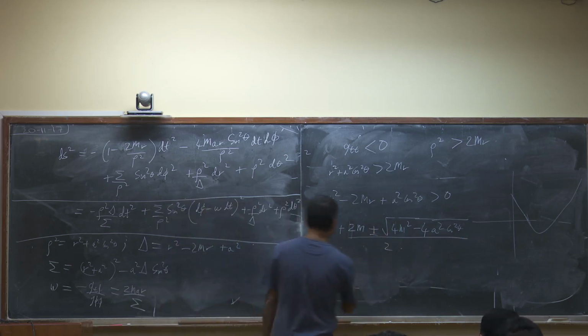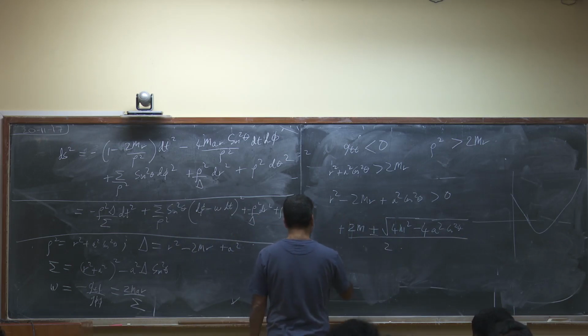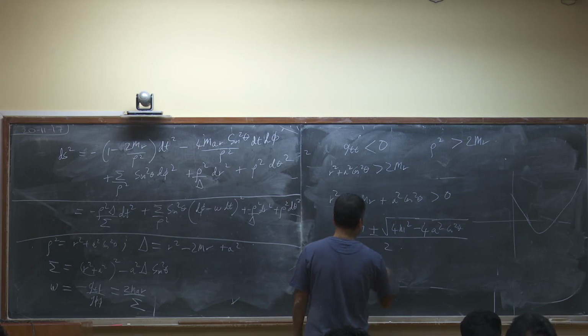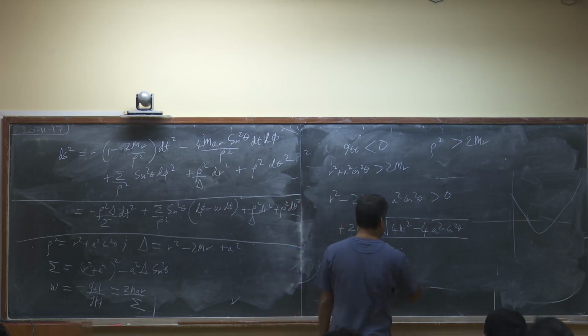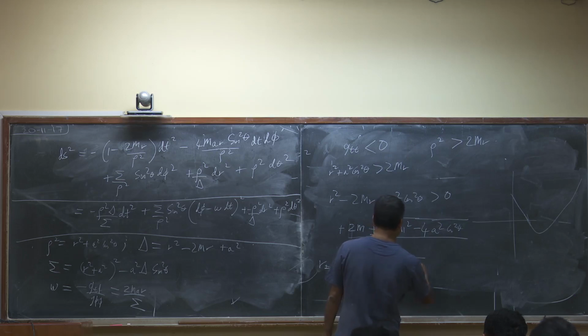Okay, let's take a factor of 2 out. So r plus minus, we'll call it, is equal to m plus minus the square root of m squared minus a squared cos squared theta.